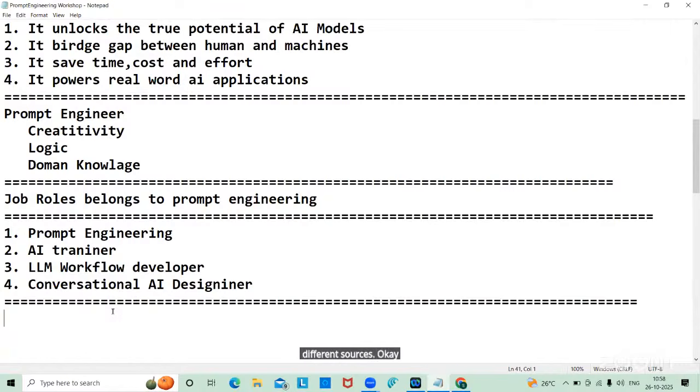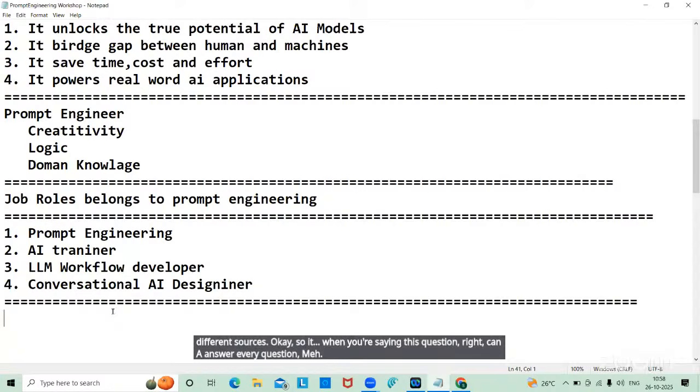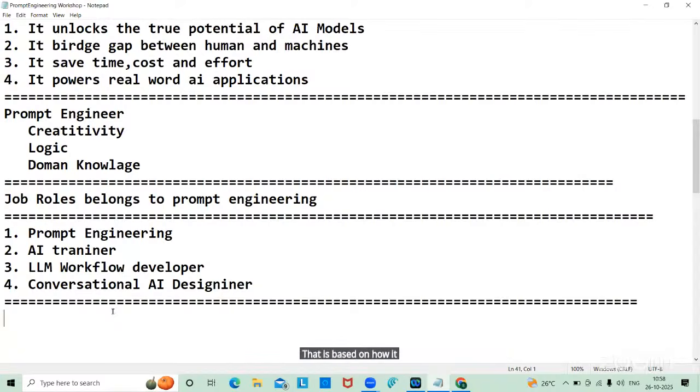Based on that only it can give answers. For example, take yourself: you have been trained on some data. If I ask some other question, can you give an answer? No, right?